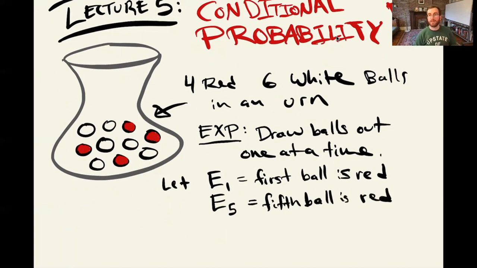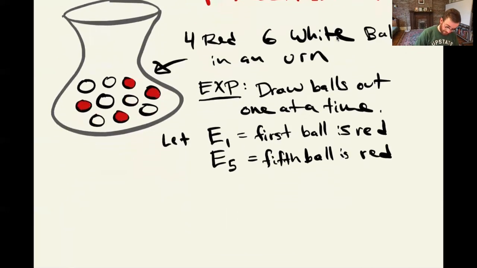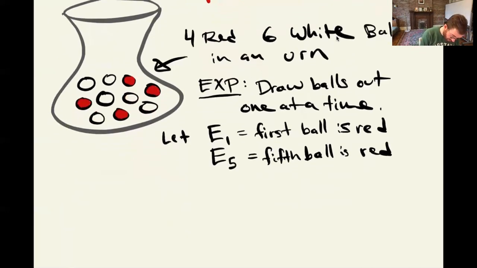So let's compute the probabilities of each of these events. Let's first compute what is the probability of event 1.